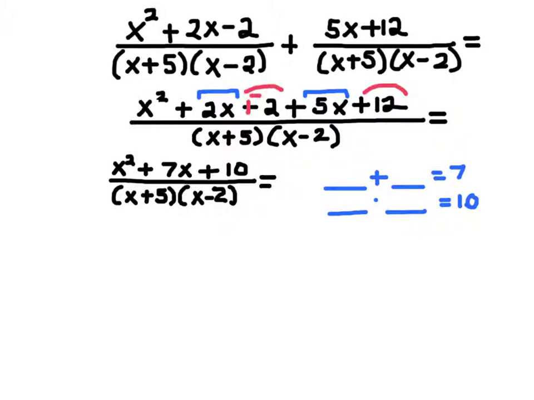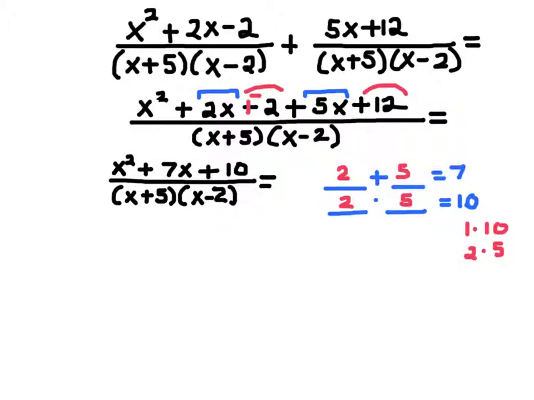And if you think about it, if we factor 10, 10 is equal to 1 times 10 or 2 times 5. And there we see it. 1 plus 10 is 11, but 2 plus 5 is 7. So that's what we're looking for. We're looking for 2 and 5. 2 plus 5 is 7, and 2 times 5 is 10. So that's what we need. That's our m and n.